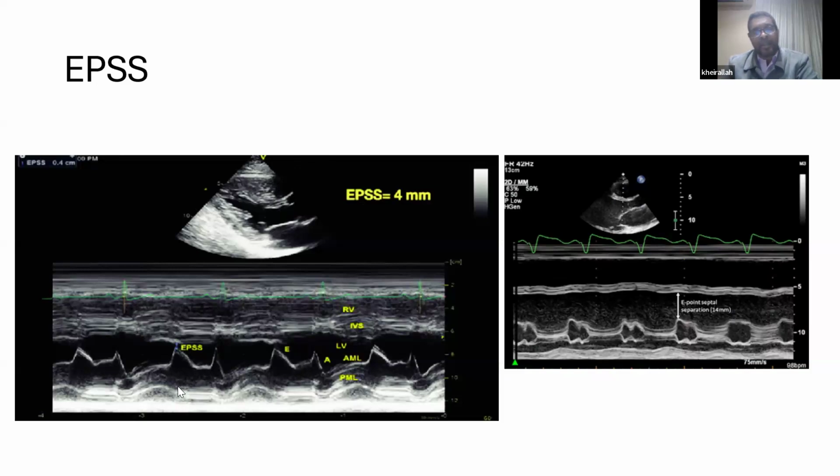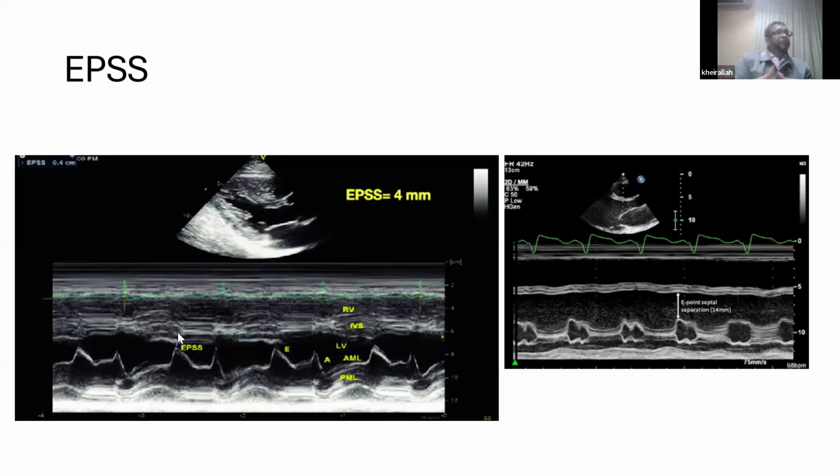Like we said in the former session, M-mode of the mitral valve is composed of E and A closure and opening, E and A closure and opening, and so on. So what is EPSS? EPSS is the distance between the E point and the septum.